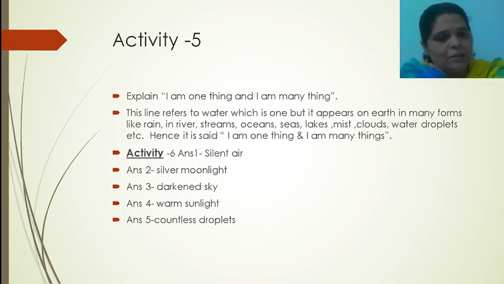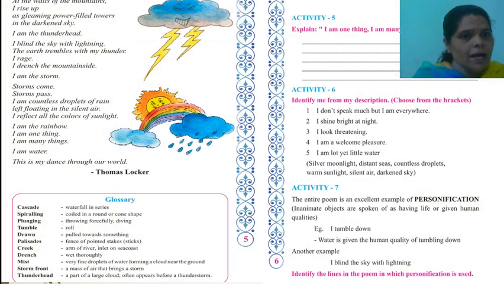Now coming up, activity 6. Identify me from my descriptions. Choose from the brackets. First you tell me, then I will show you the answers. I don't speak much, but I am everywhere. This is a riddle. You can do it. मैं ज्यादा बोलती नहीं हूँ, but मैं हर जगह पे हूँ. क्या हो सकता हूँ मैं?